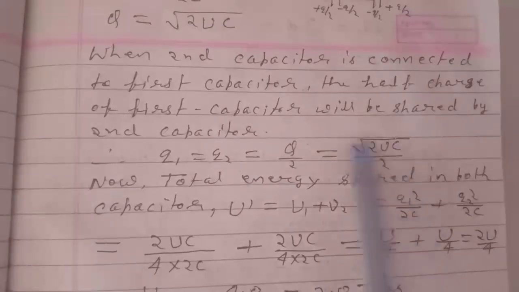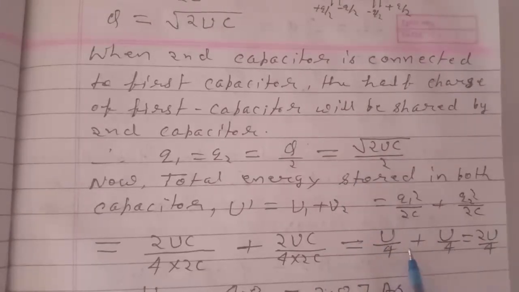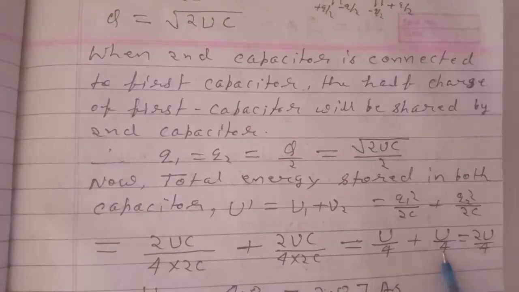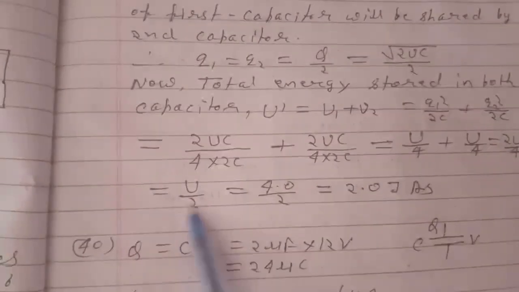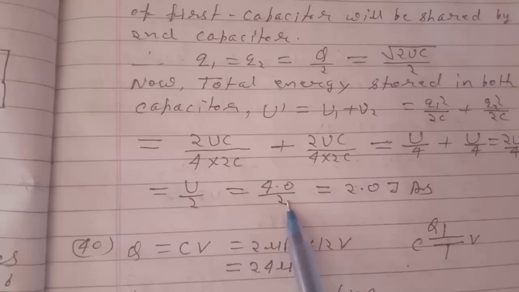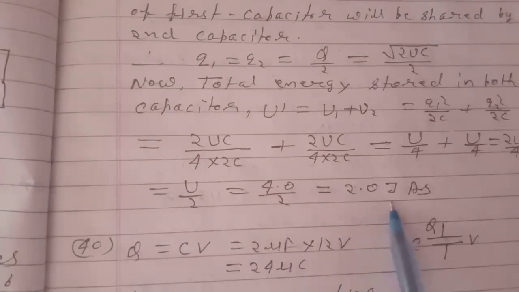Because Q1 is this value, so 2UC by 4 into 2C plus 2UC by 4 into 2C, or U by 4 plus U by 4, or 2U by 4 equals U by 2 equals 4.0 by 2 equals 2.0 joule. Answer.